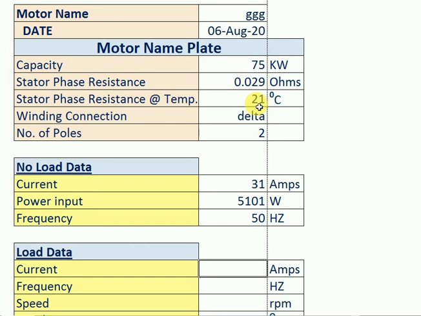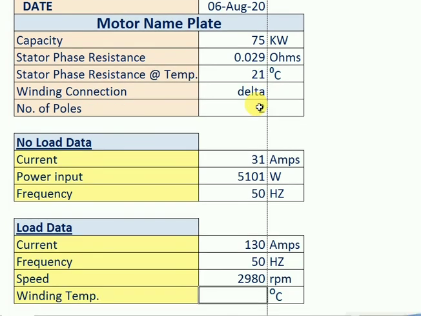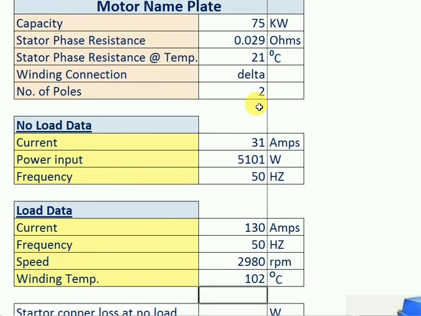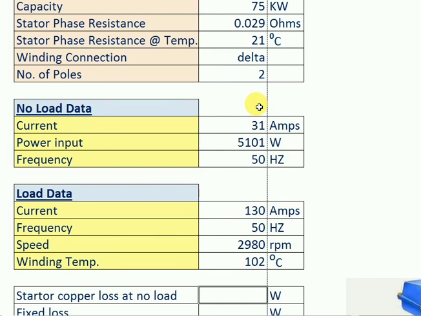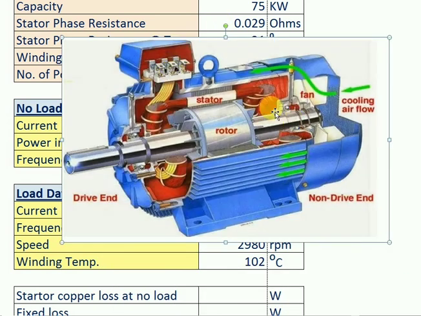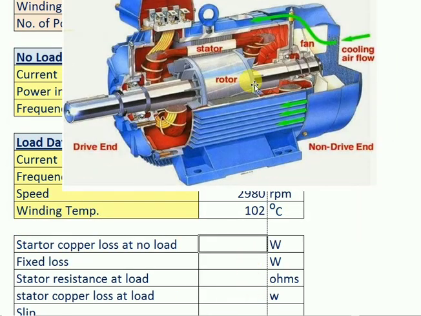Now we will go for the calculations. First of all, we want to find out the fixed loss. For the fixed loss, we first check the friction and windage loss. As we saw earlier, these are the fan and bearing friction losses, and the magnetic core loss will be there.